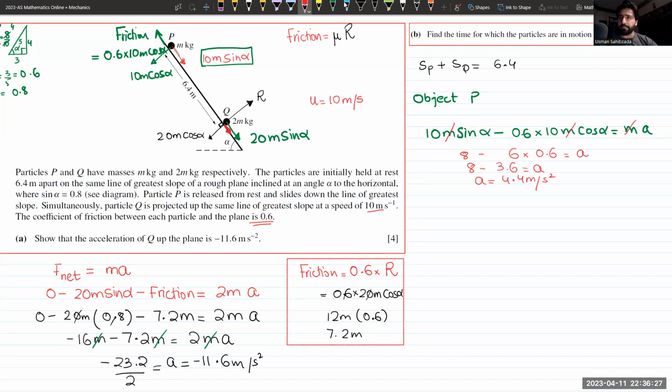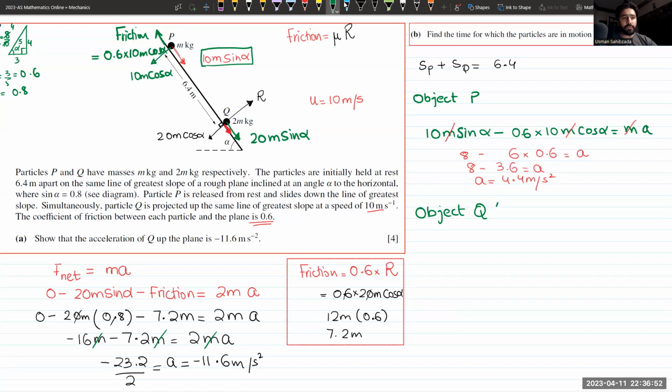It has to come down. What about Q? What's going to happen to Q? We've already found out the deceleration that Q has. So the idea is, with Q we have to think about what is the weird thing or a different thing, or you have to think outside the box.